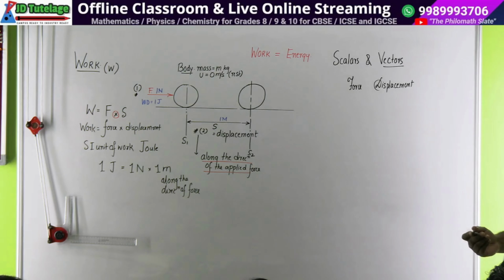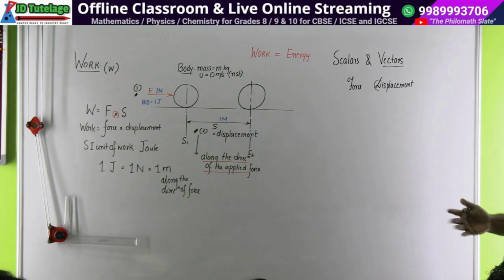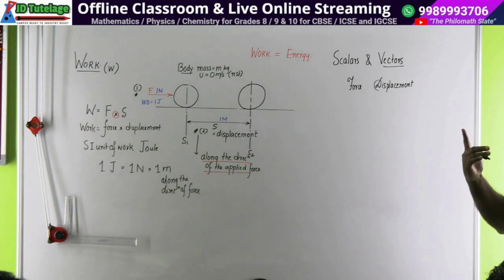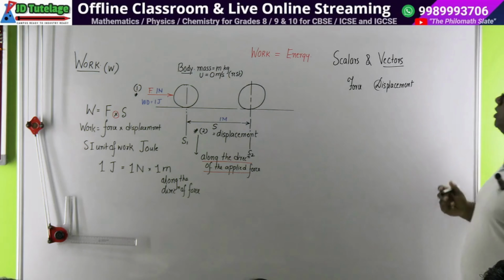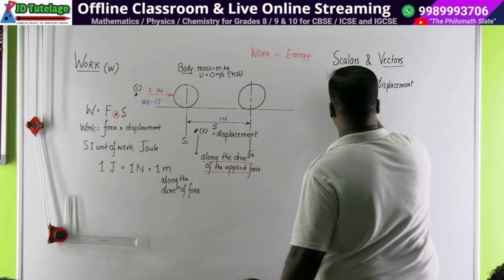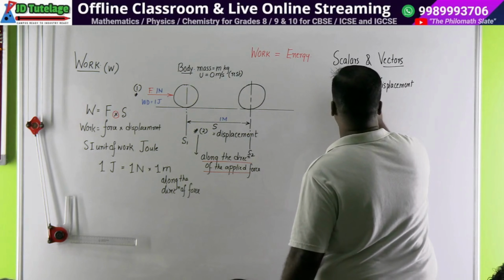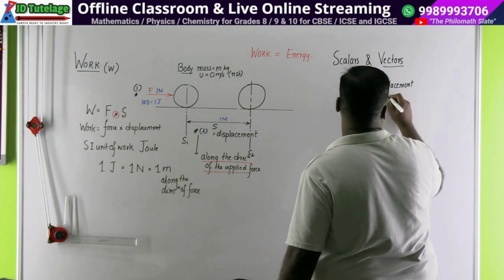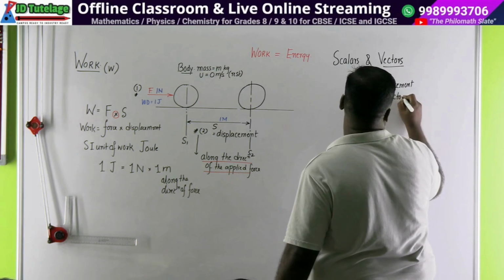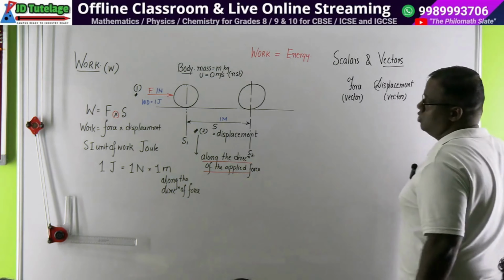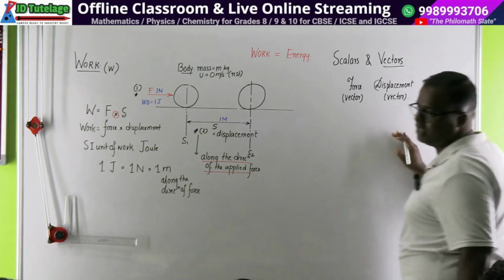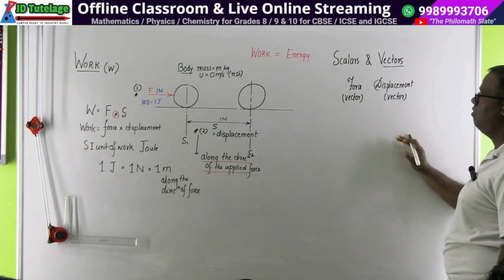Hey, displacement is vector. That's why we say from here to Delhi there can be only one displacement. You cannot have multiple displacement. Okay, so this fellow is a vector. Now though these things are taught in grade 11, आपको समझना है नहीं तो आप नहीं समझोगे. This is also a vector. So what are you trying to do? You're trying to multiply a vector with a vector. This is called vector multiplication.